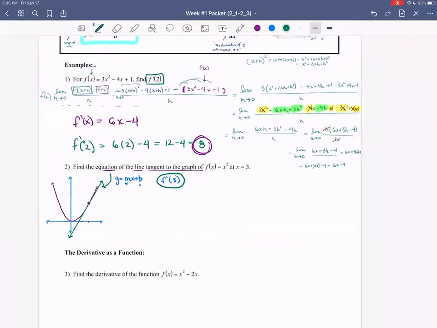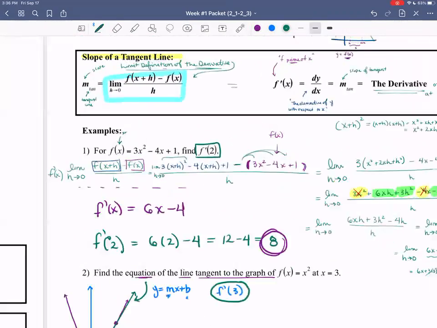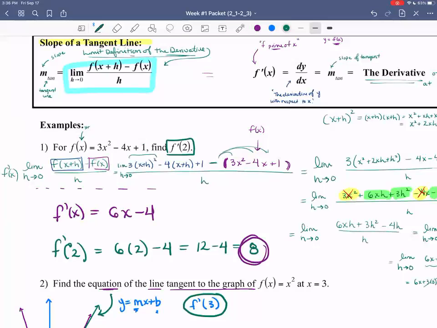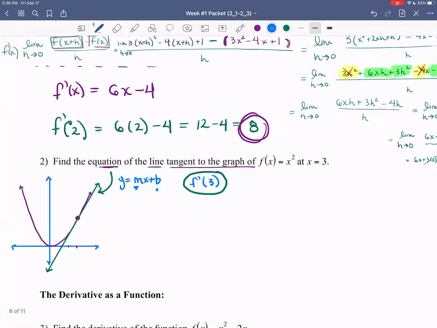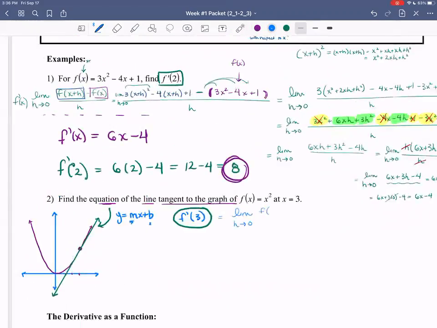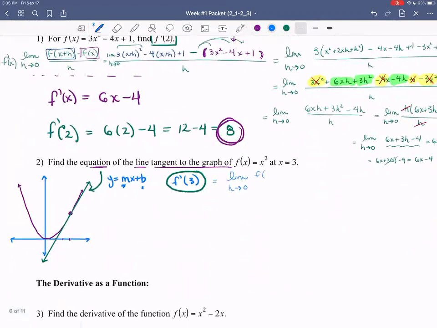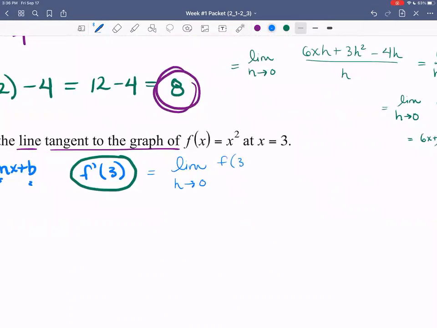To do that, we need to consult our limit definition of the derivative, and that's back up here. We're going to set up that difference quotient and compute a limit. For us, that's the limit as h goes to 0 of f of, we can just use 3 here in place of x, so we have f of 3 plus h minus f of 3 all over h.